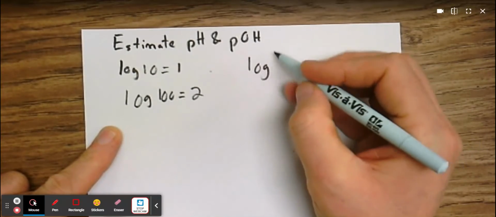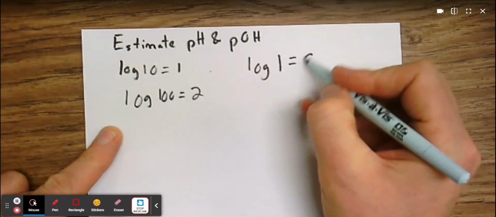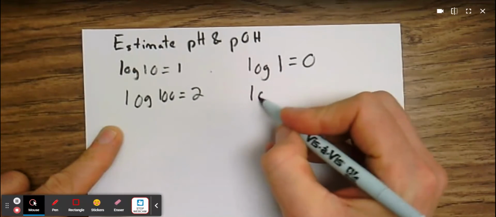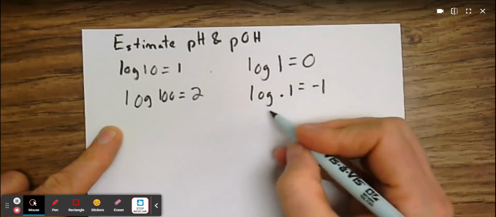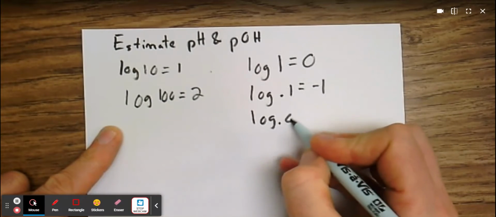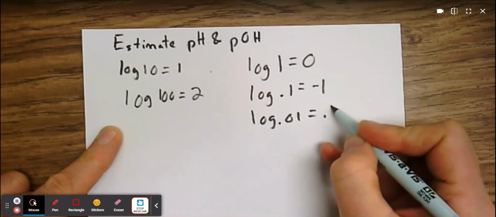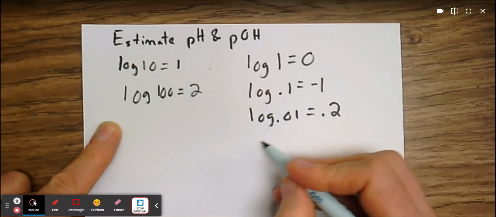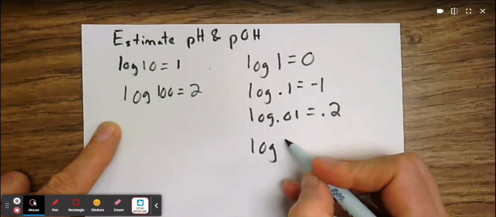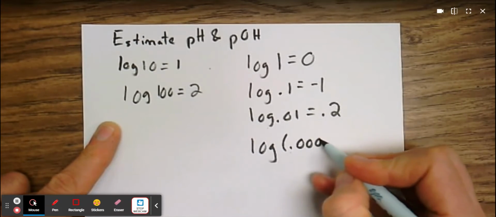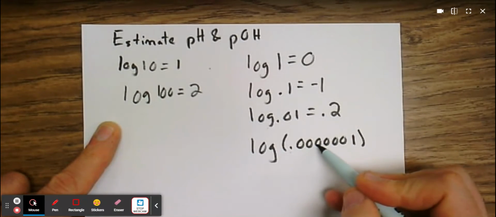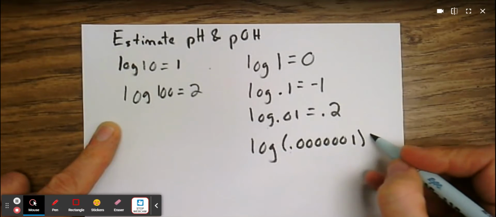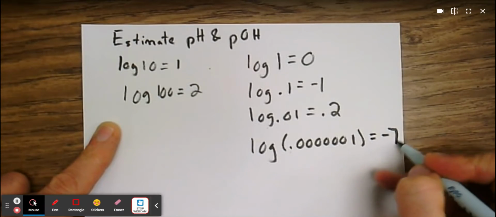The log of 1 is equal to 0. The log of 0.1 is equal to -1. The log of 0.01 is equal to -2. The log of 0.0000001 is equal to -7.